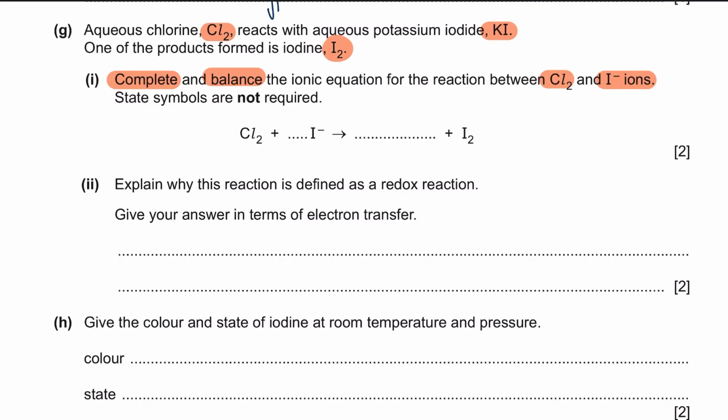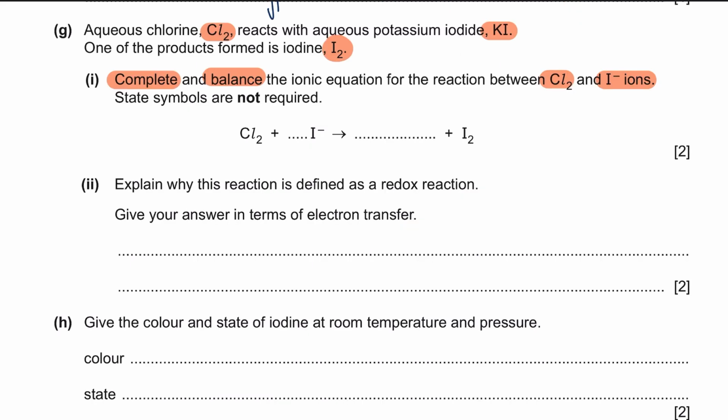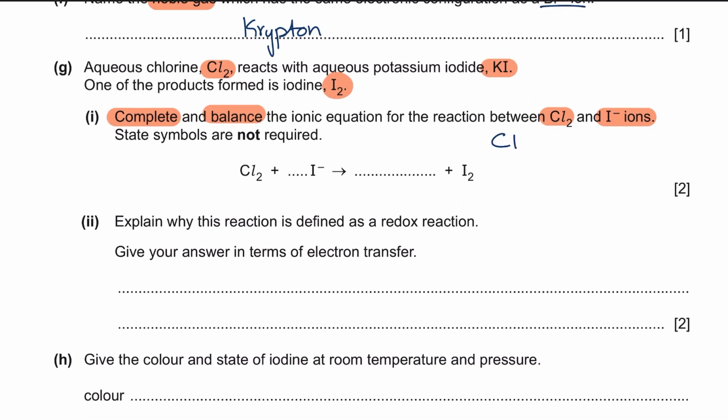And for halogens, we need to remember this displacement reaction. A more reactive halogen will displace a less reactive halogen. As chlorine is above iodine, it can displace iodine from its compound. So basically, Cl2 reacts with potassium iodide to form KCl plus iodine.